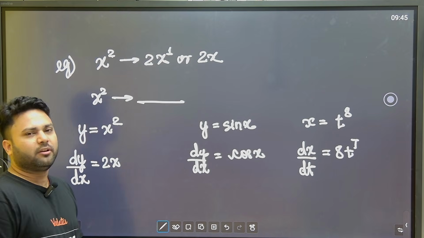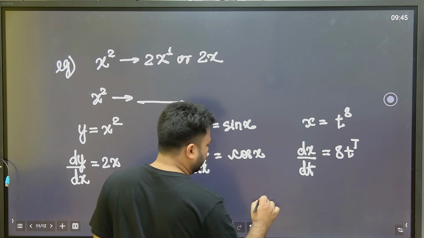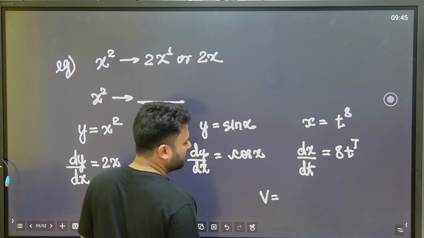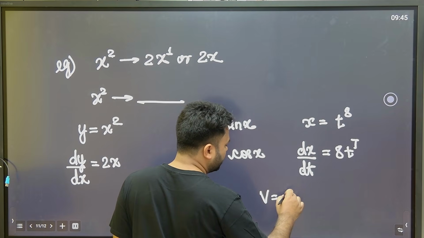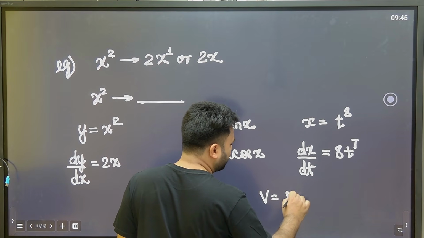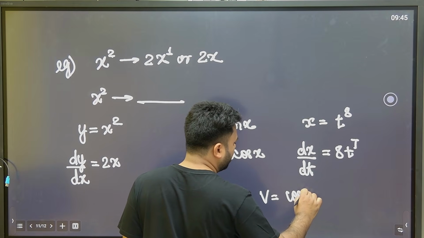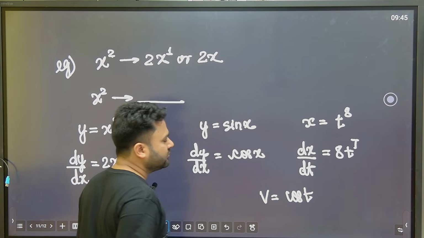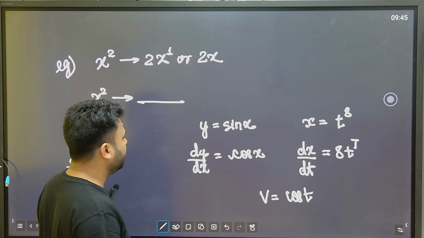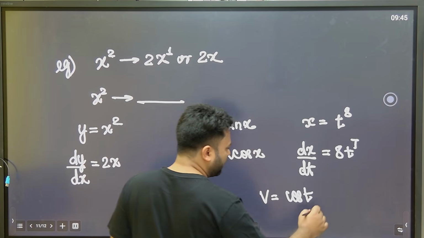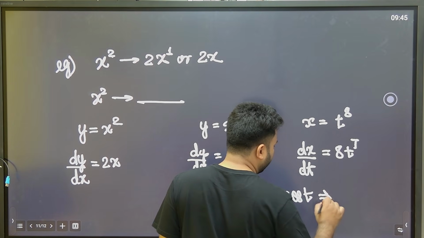So this way you have to remember. Like suppose velocity they give, suppose sine or cos of t, v equals to cos of t. So again what we are going to write?